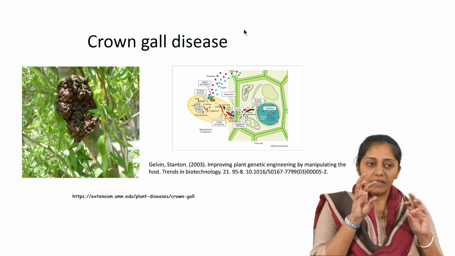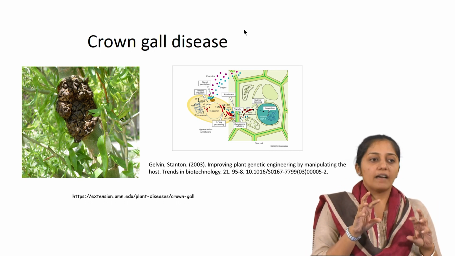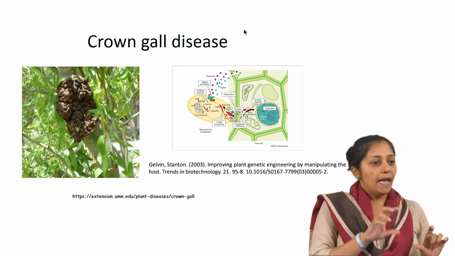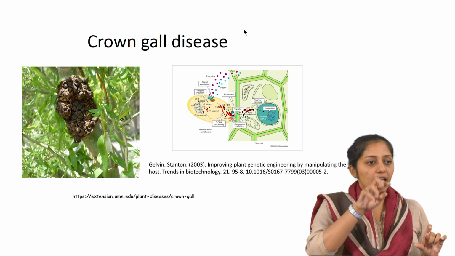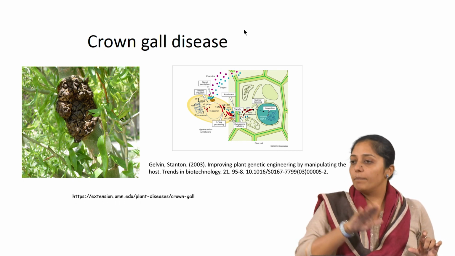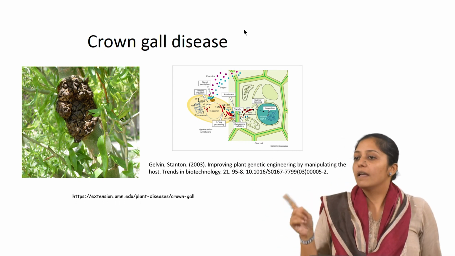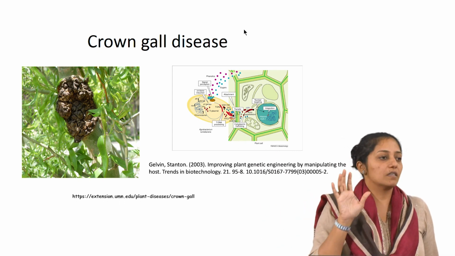So when these two are there, they work in trans, and the virulence gene present in the disarmed plasmid will help in packaging and processing this tDNA, helping its integration into the plant chromosome and thereby the expression of the desired gene which you have inserted in this area.